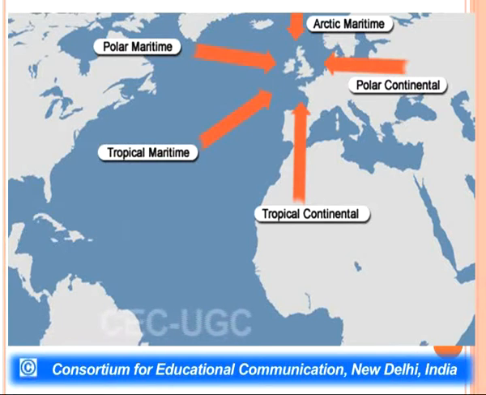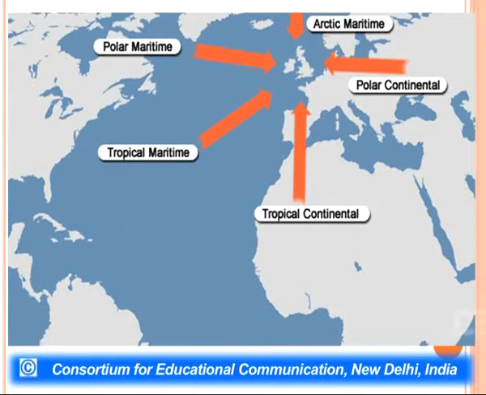In the Mediterranean Sea, meanwhile, maritime tropical air mass in winter season also becomes active. Maritime tropical air mass, which develops in the tropical area of the Atlantic Ocean, is at source warm, moist and unstable.